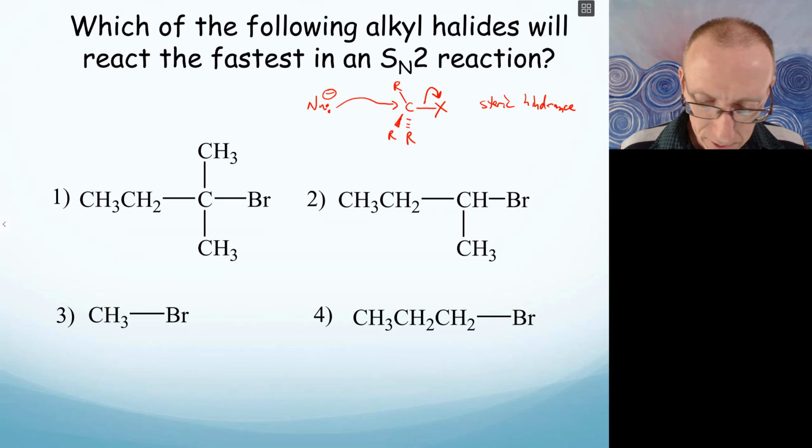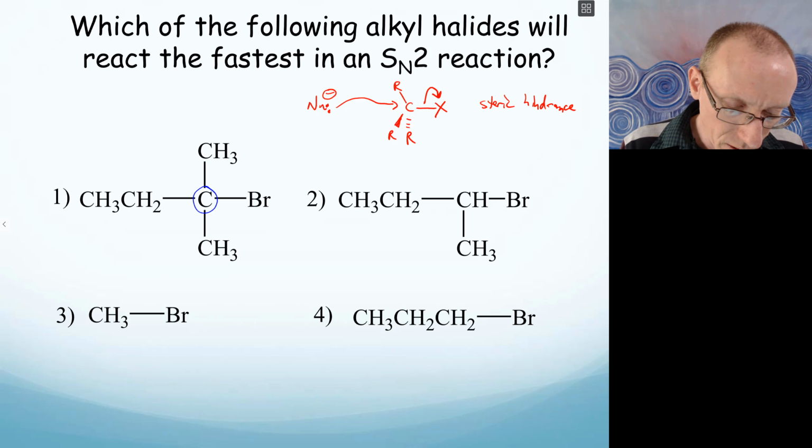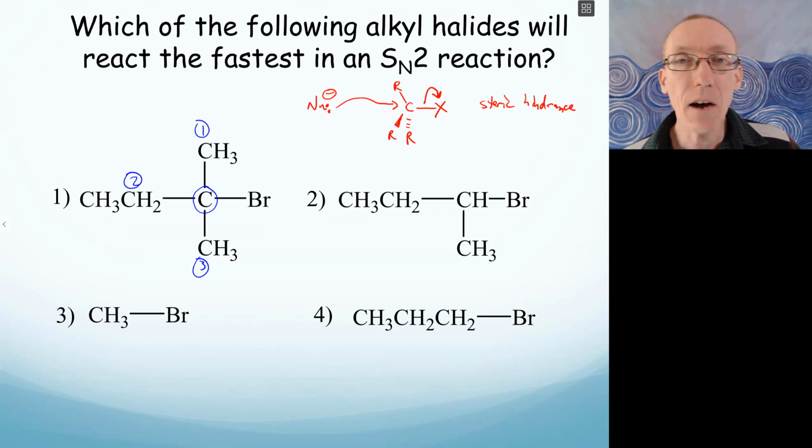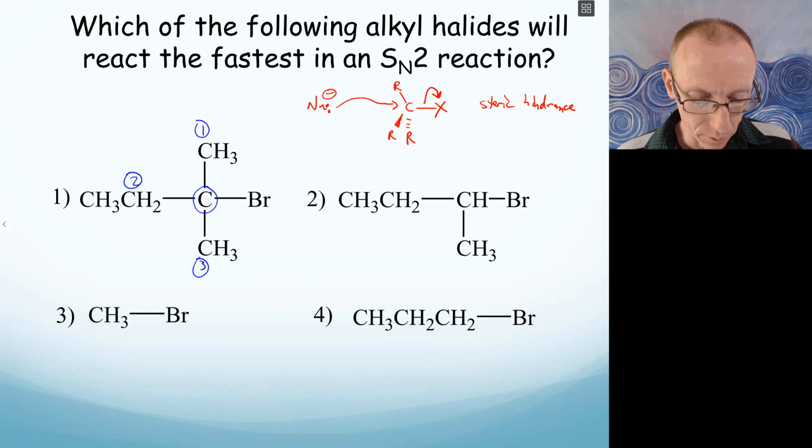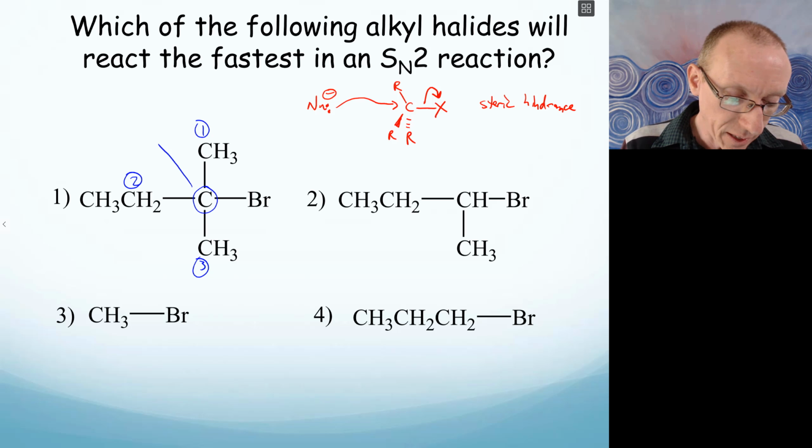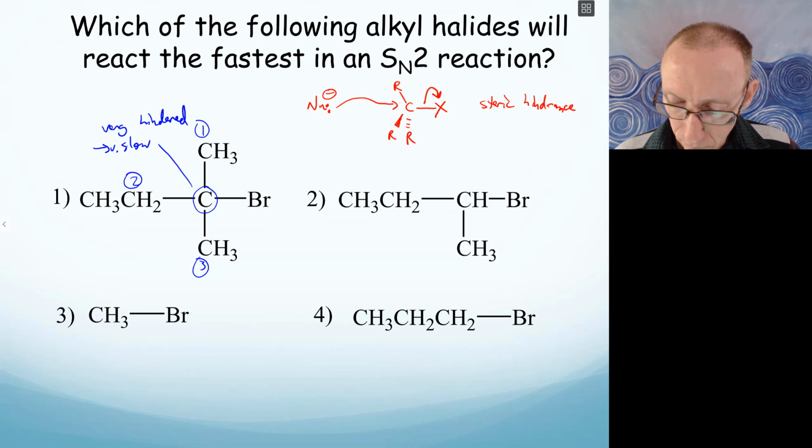So if we look at this substrate here, that carbon has 1, 2, 3 alkyl groups attached to it. One is an ethyl group, and then there's 2 methyl groups. So that's going to be very hindered, and therefore, it's going to be very slow in an SN2 reaction.